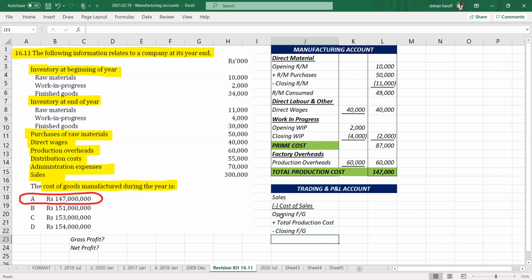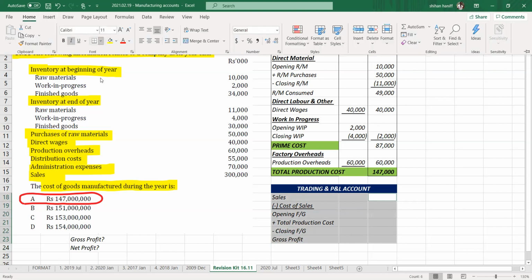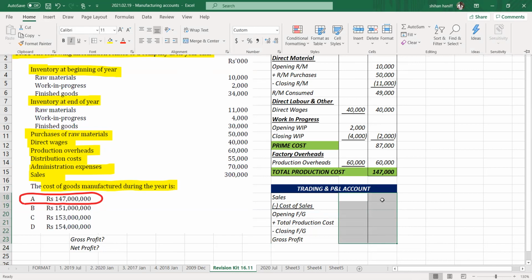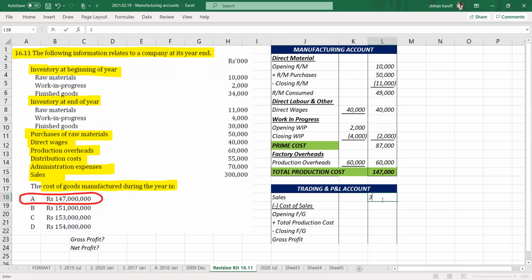Then the answer is gross profit. Right, so how much is the gross profit? Sales is given 300,000.